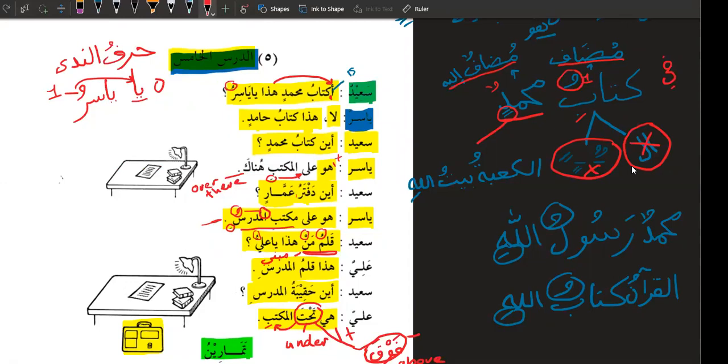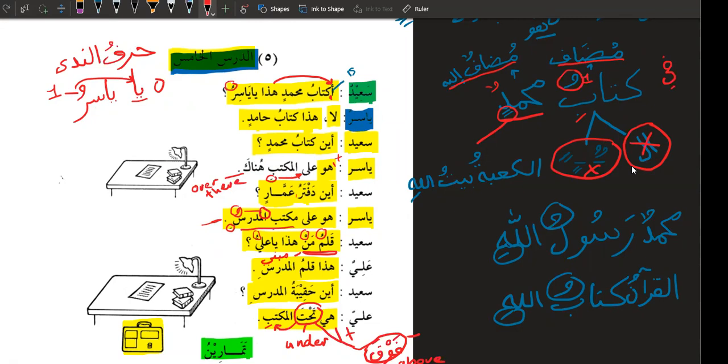Two fathas, two kasras, two dhammas. The only rule for mudafun ilay is that it will take a kasra. If it has one dhamma, it will have one kasra. If it has two dhammas, it will have two kasras.